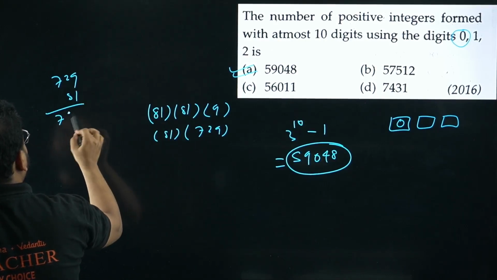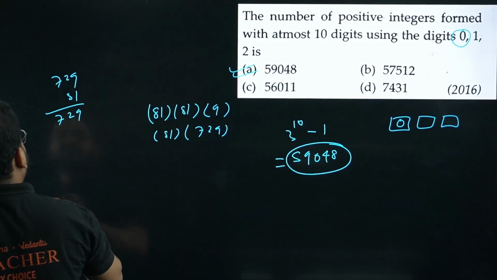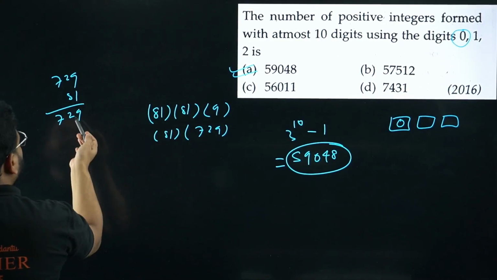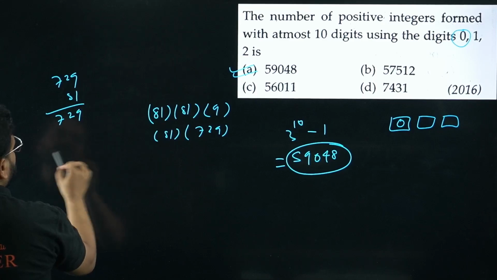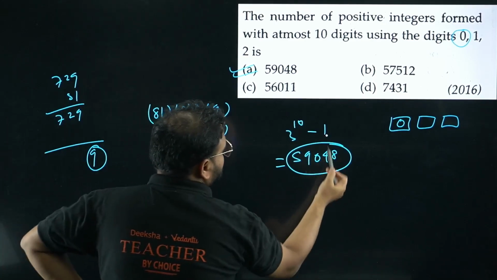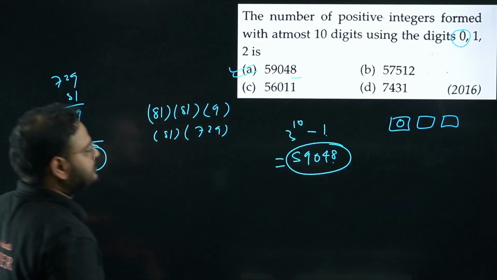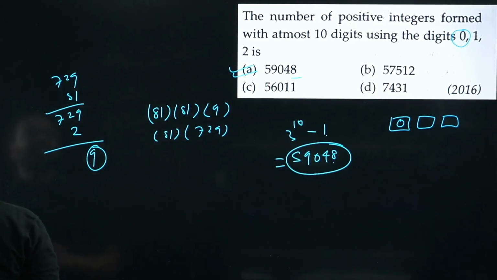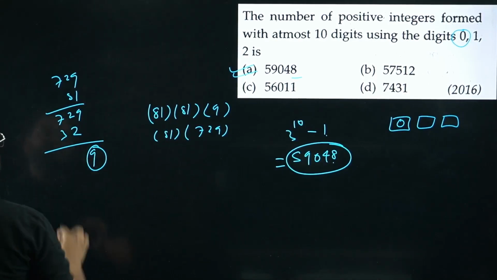The last digit will come as 9 only, and minus 1 gives 8. Only one option is like this. I'll solve it anyway. 9 8s are 72, we have 7 in hand as carry. 8 9s are 72, 8 1s are 8, plus 7 will be 23, carry is 2.